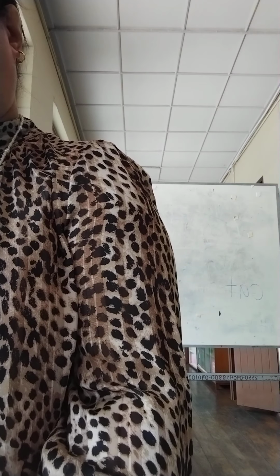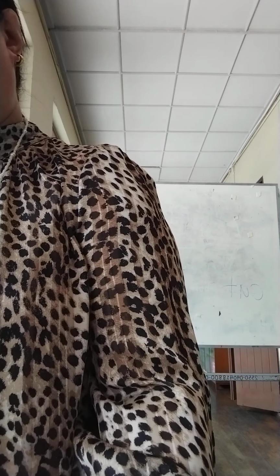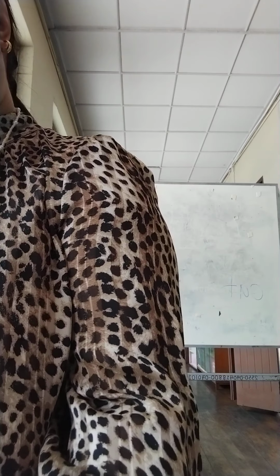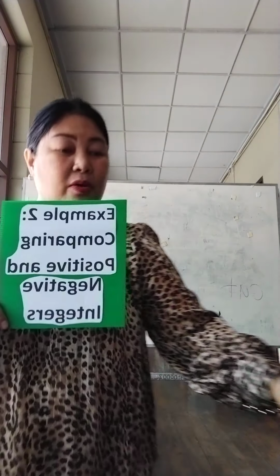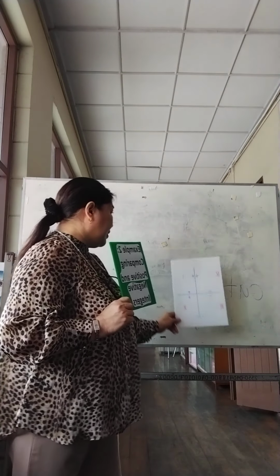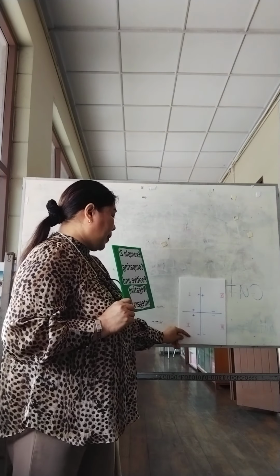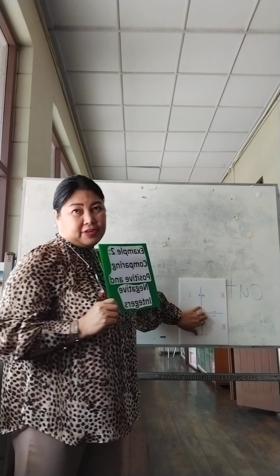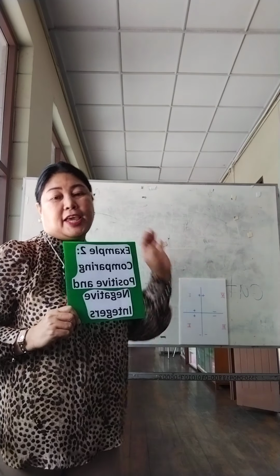So here we have comparing negative integers on a number line, and the second example is comparing positive and negative integers. I am comparing the positive and negative. Okay?